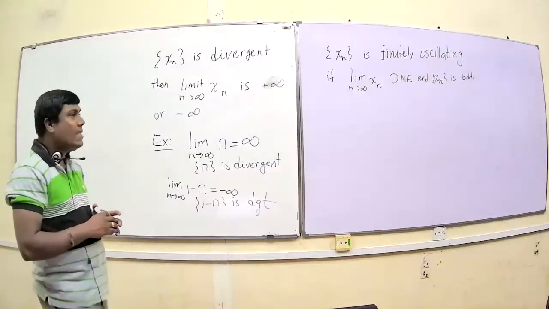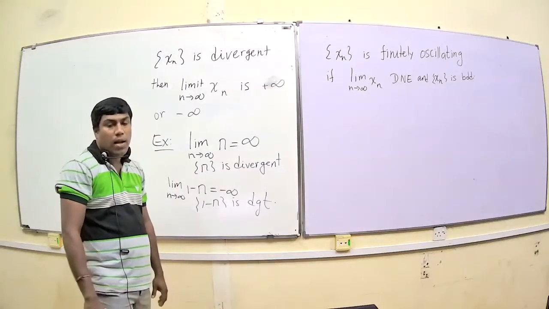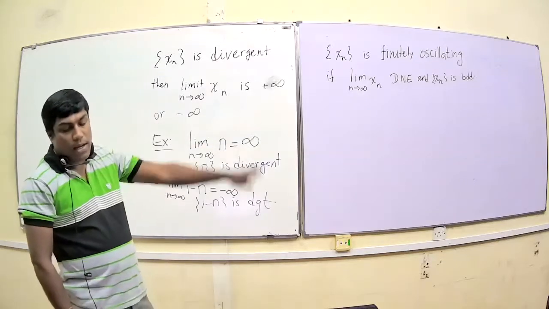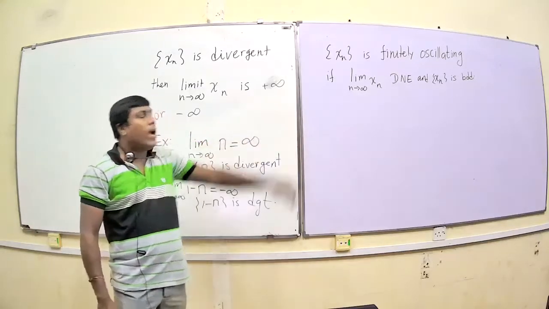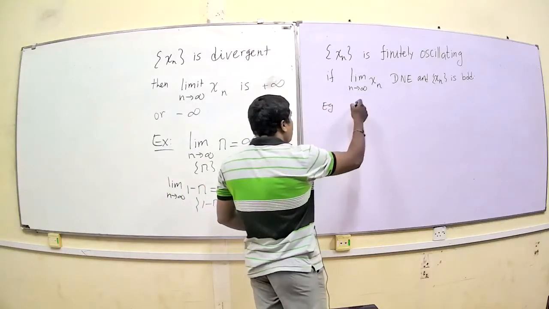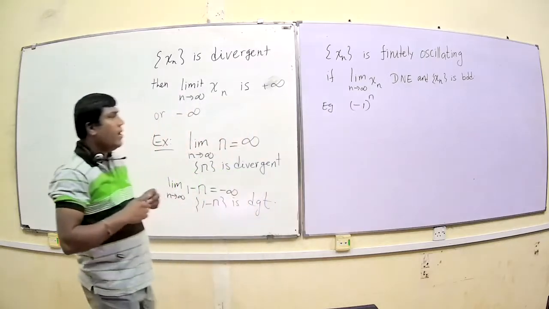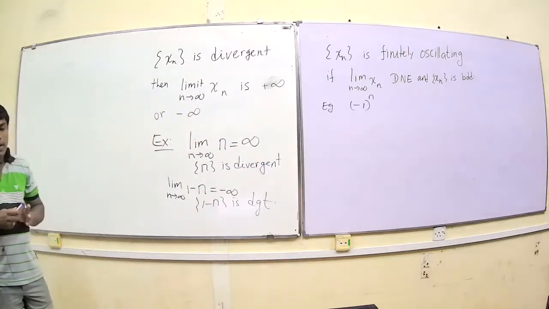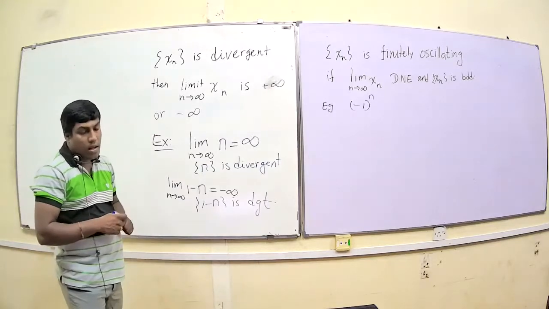So that means the sequence is bounded, but the limit does not exist. That kind of sequence we call finitely oscillating. For example, minus 1 to the power n: we already saw that it does not have a limit, and that the sequence is bounded.